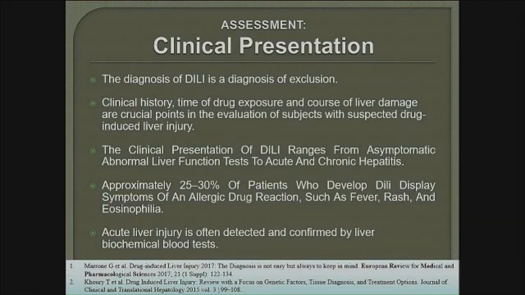The clinical presentation of DILI ranges from asymptomatic to acute and chronic hepatitis. Approximately 20 to 30% of patients who develop DILI display symptoms of an allergic drug reaction such as fever, rash, and eosinophilia. And acute liver injury is often detected and confirmed by liver biochemical blood tests.